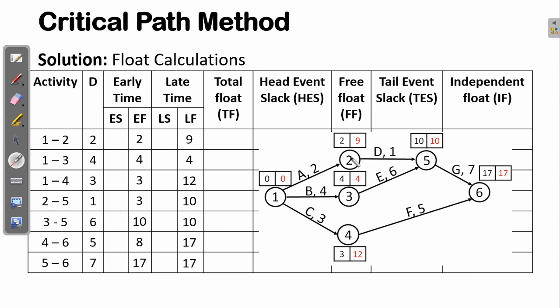Coming to these three nodes now, which are 1, 4, 1, 3, 1, 2: for 1, 2, the late finish time is 9, which is here. 1, 3, the late finish time is 4, and 1, 4, the late finish time is 12, which is this one. So that is how you can fill the information for the early finish time and the late finish time. So we are done with that information.